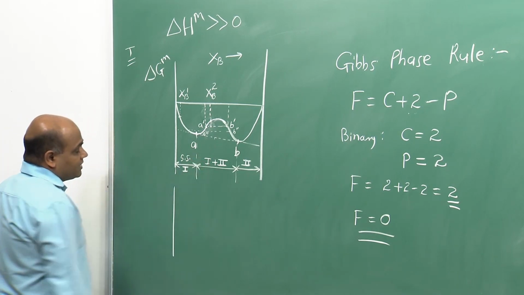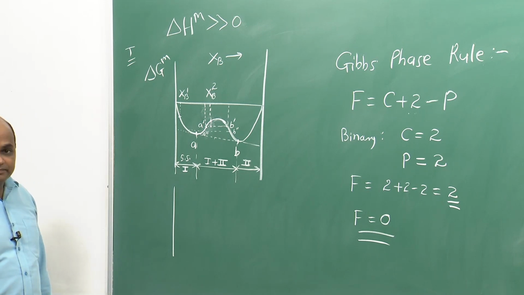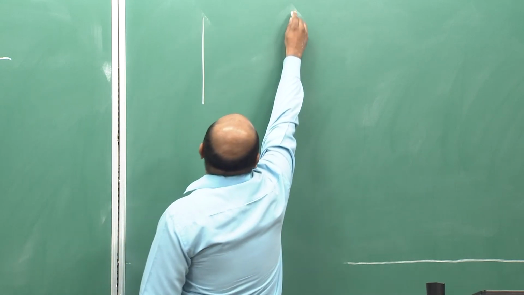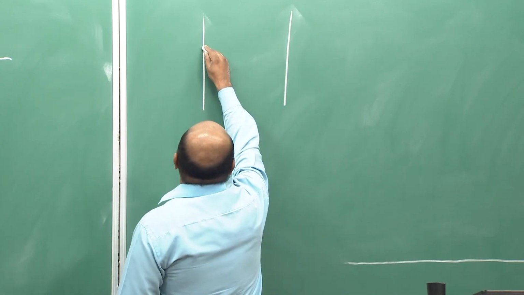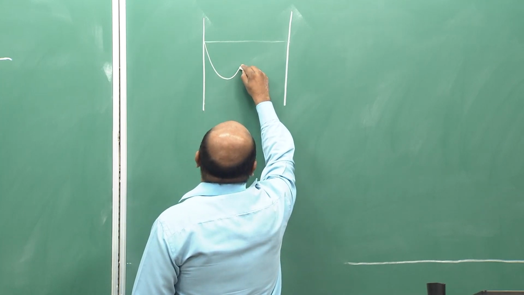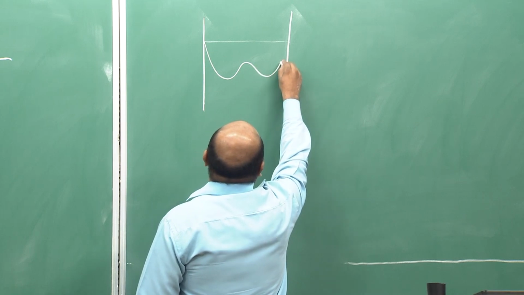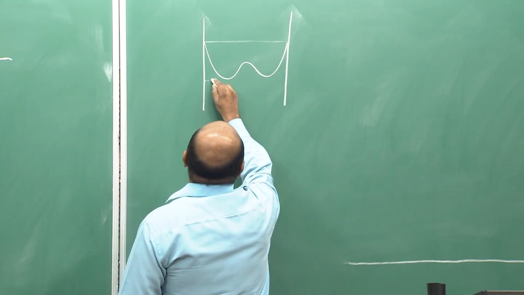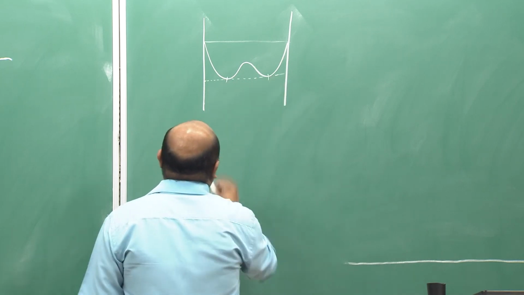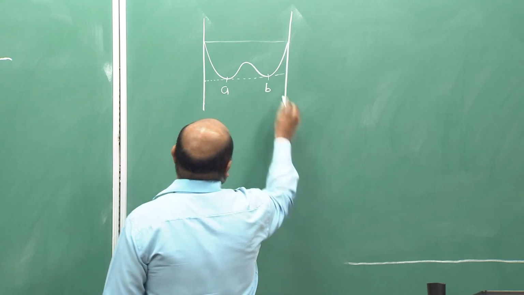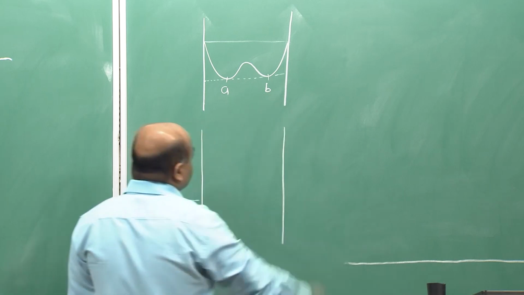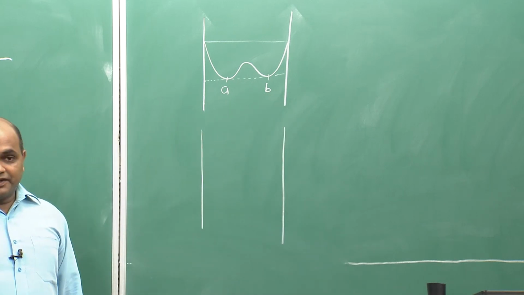Okay. So, now what happens if I change the temperature? I will redraw this curve here. So, between points A and B there is no miscibility.